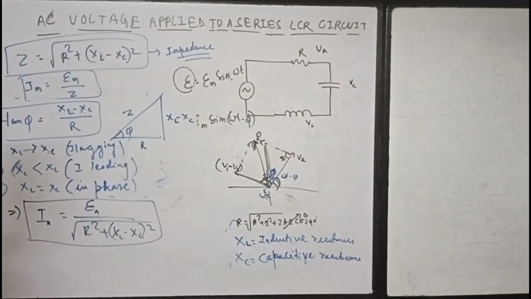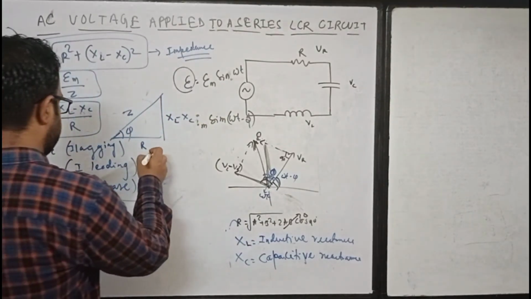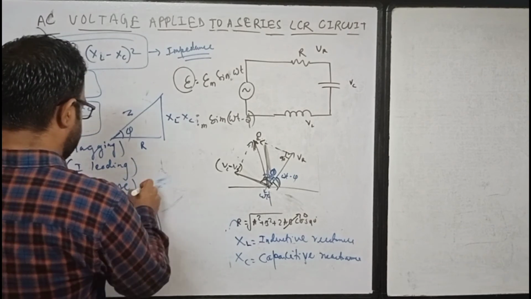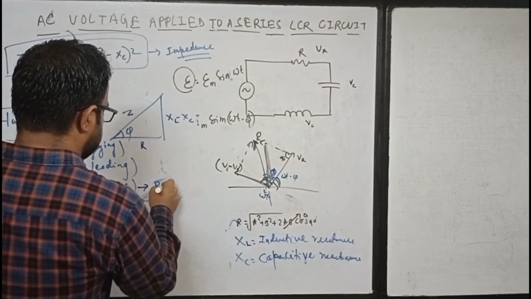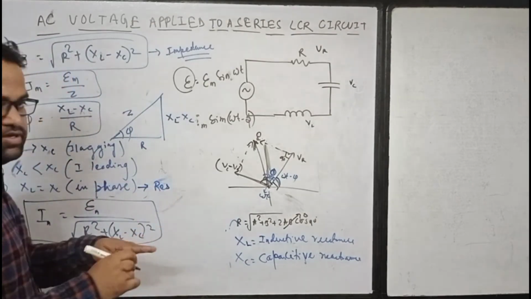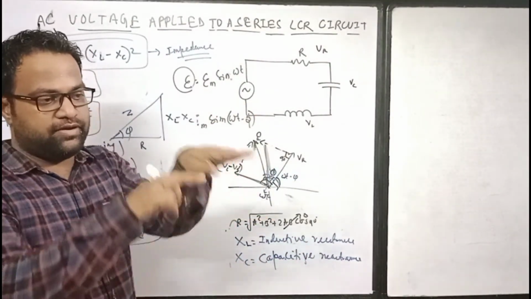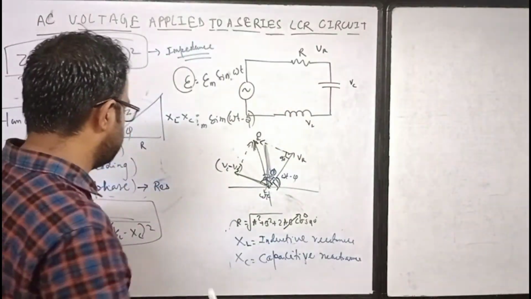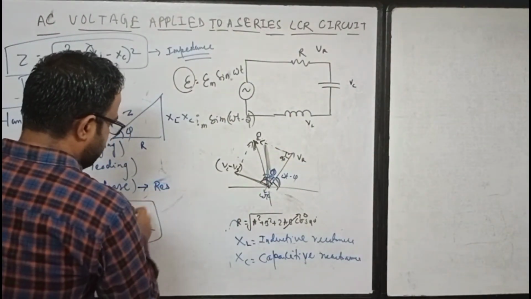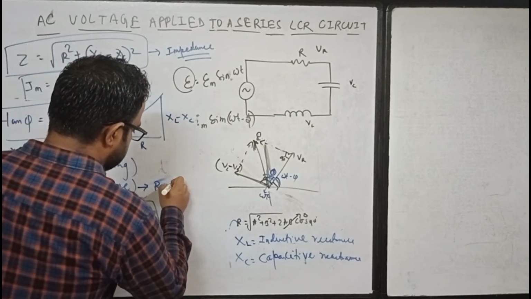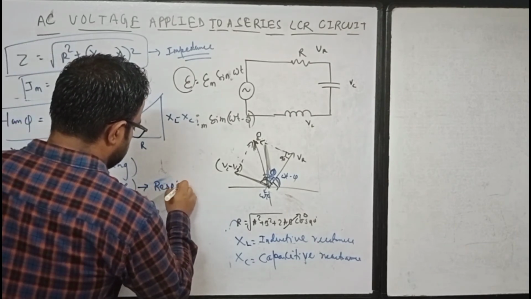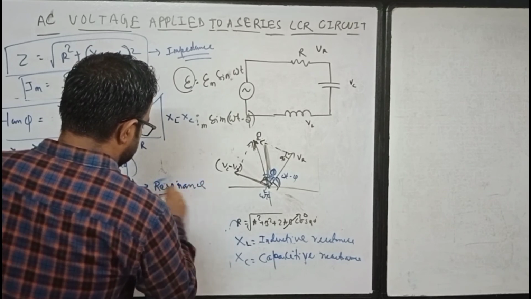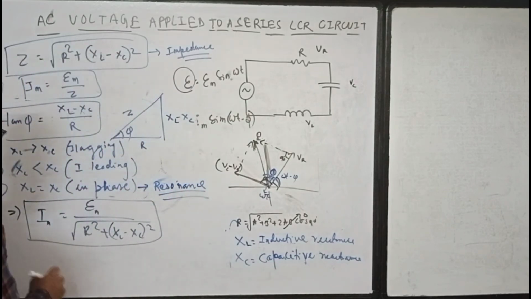So when they are in phase, resonance will be there. Resonance means you will get a maximum peak. I and E are both in the same phase, so the resultant will be a higher peak, and you will get resonance. So the resonance condition is XL equal to XC.